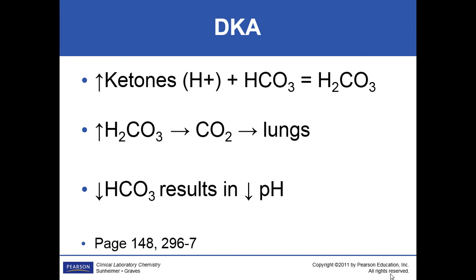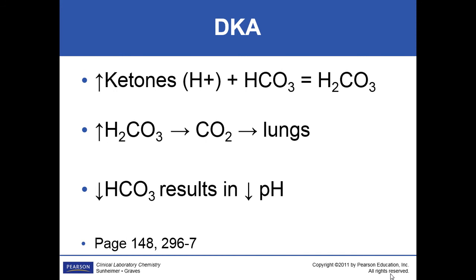Now, this is not usually your first stage type 2 people because they're usually obese. This is more for your type 1, although your type 2s eventually will get there. These people tend to lose weight because their body's going after the fats to find a fuel.